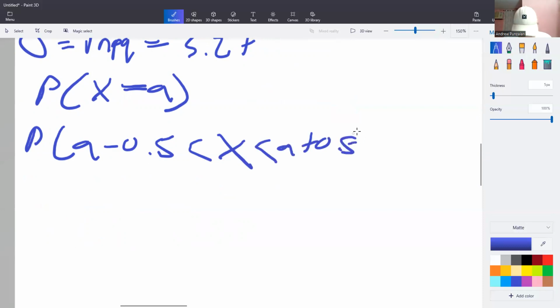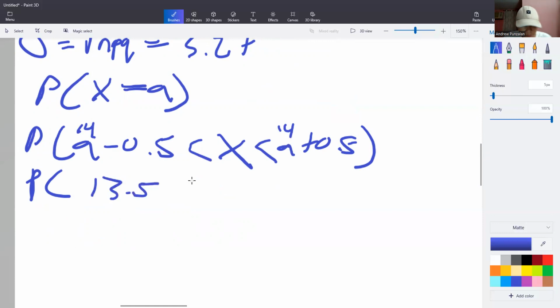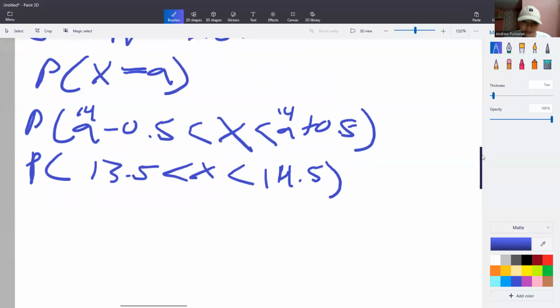And our A is 14, as it says in the question. So we substitute: 14 minus 0.5 is 13.5, in between, and 14 plus 0.5 is 14.5. Now you have this. Now you can find the z.